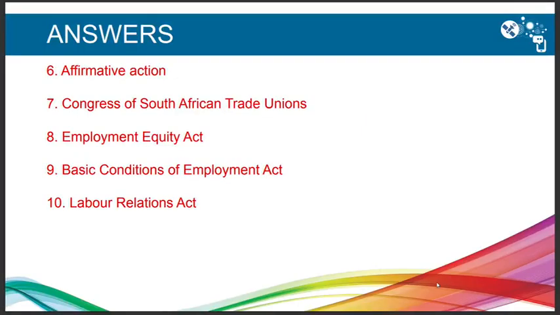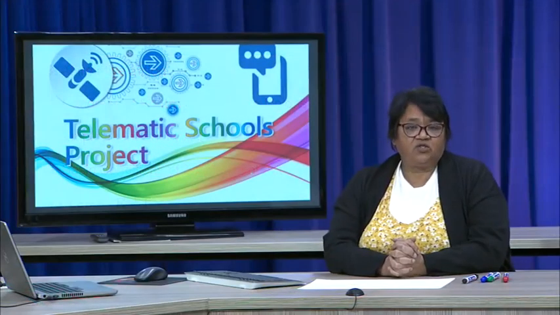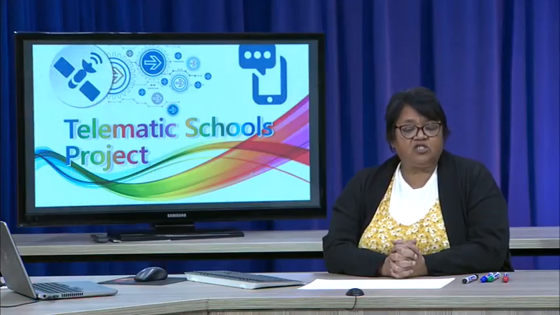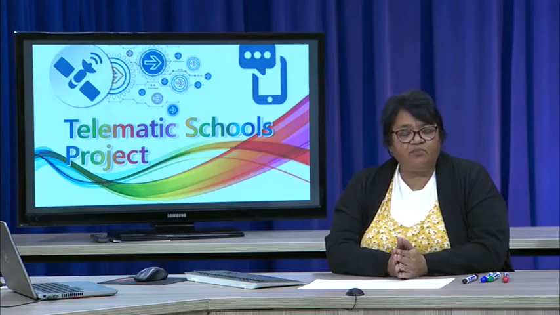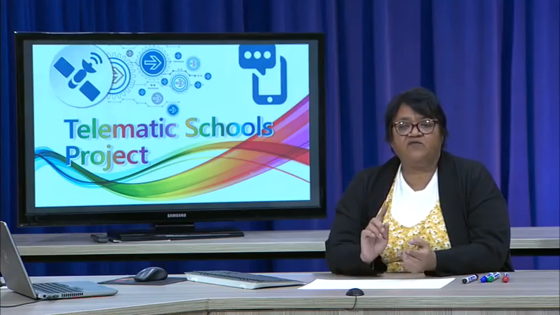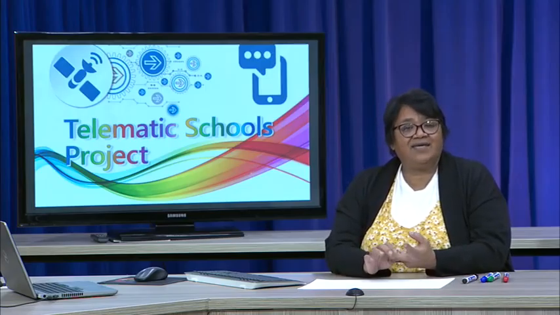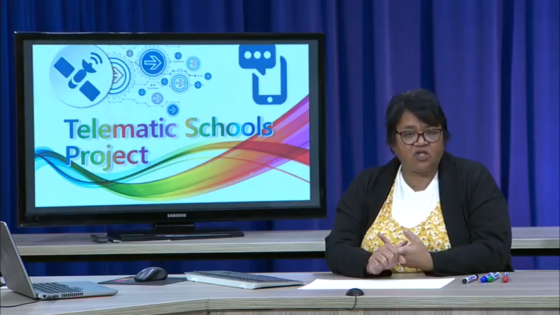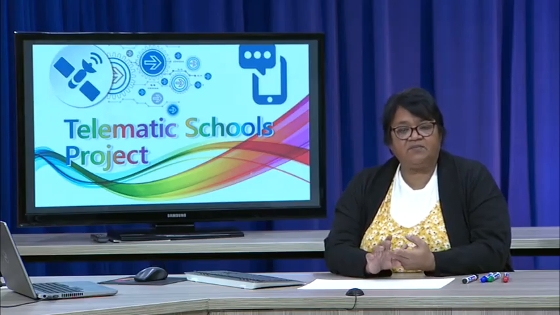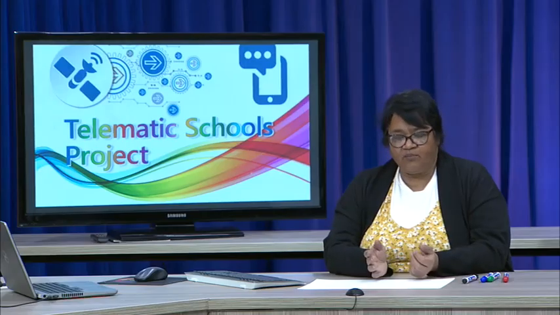Okay? Right, that brings us to the end of the section on term 4, which dealt with unemployment and your labour relations. So with regards to unemployment, just to sum up, we have 2 definitions. We have the expanded definition and we have the official or strict definition. In the expanded definition we say anybody who doesn't have a job is unemployed.